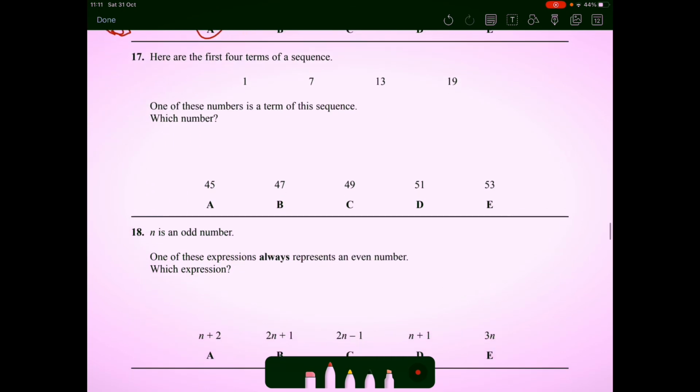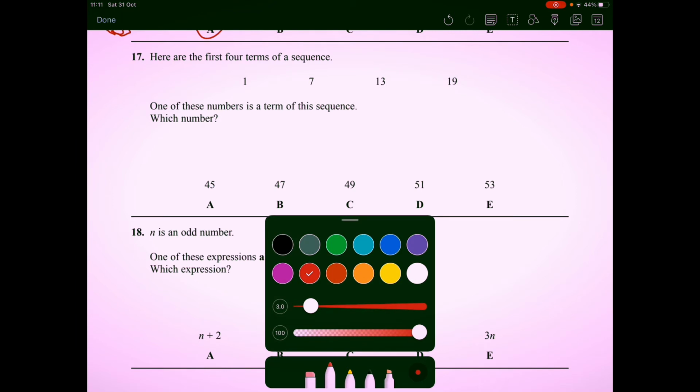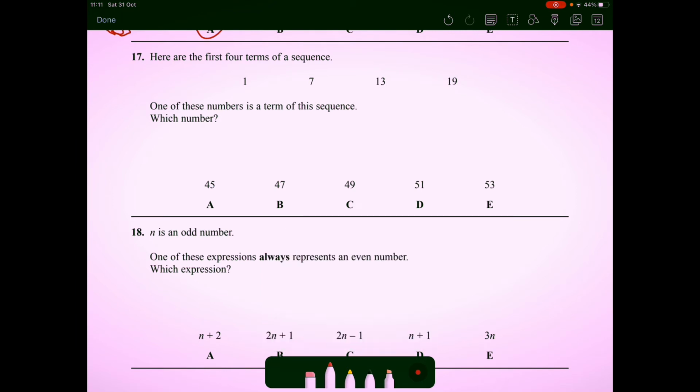Question 17. Here are the first 4 terms of the sequence. Another sequences question. Last time, as I advised, find the common difference, or find the difference each time, see what's going on. 1 to 7 plus 6, 7 to 13 plus 6, 13 to 19 plus 6.